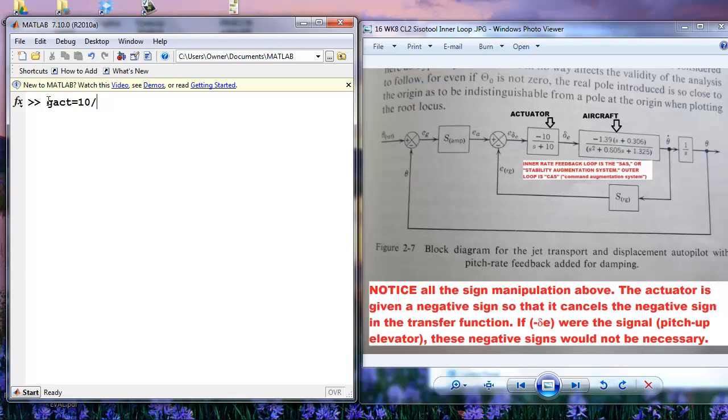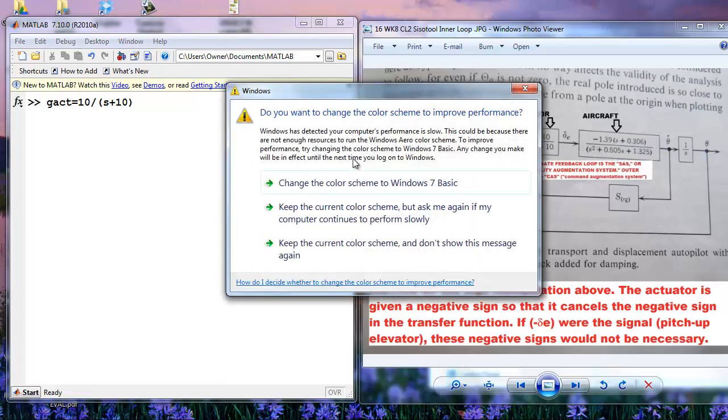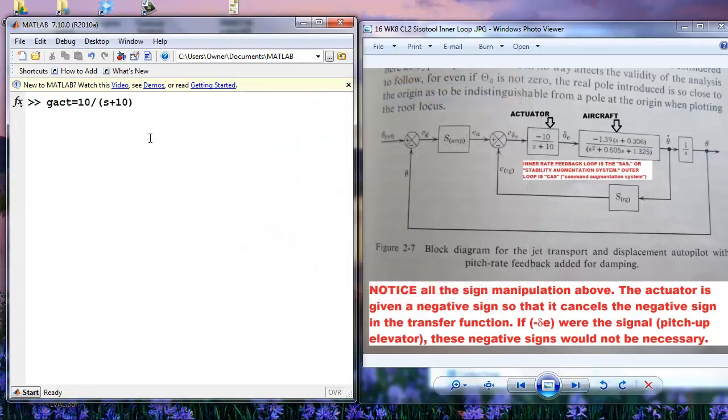And notice the minus sign, which we won't use because we're going to put the minus sign with the delta E elevator deflection. In other words, we're going to create the variable minus delta E, a pitch up command.